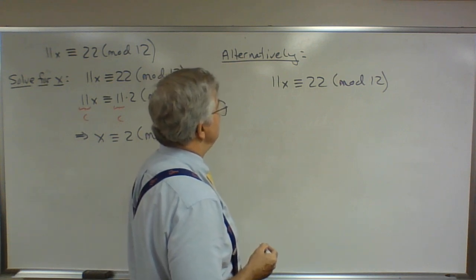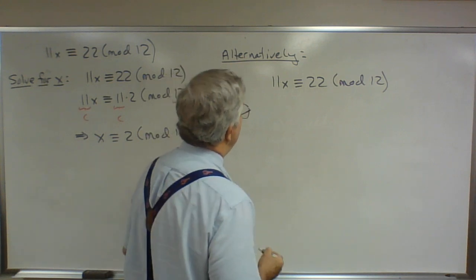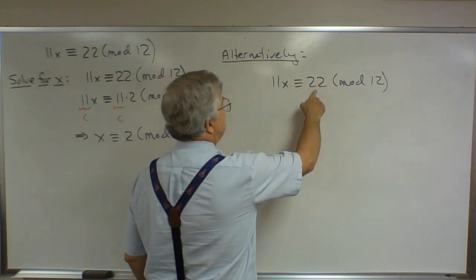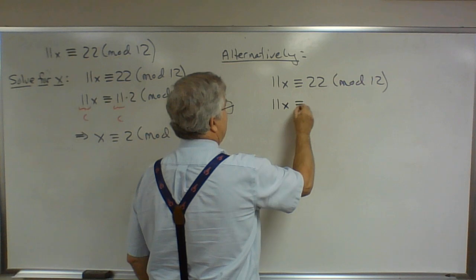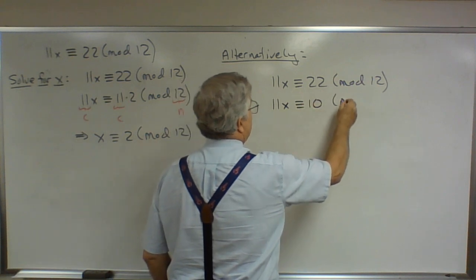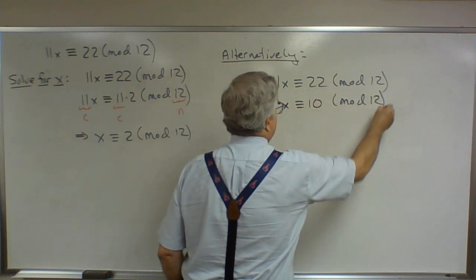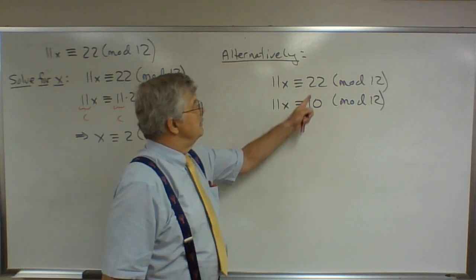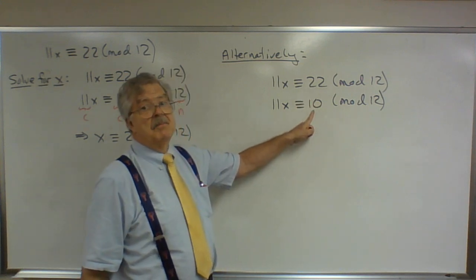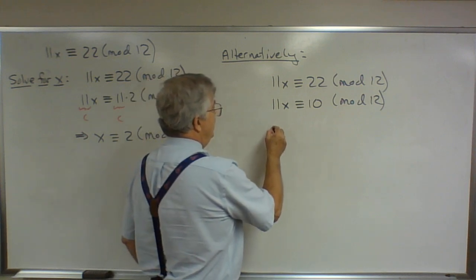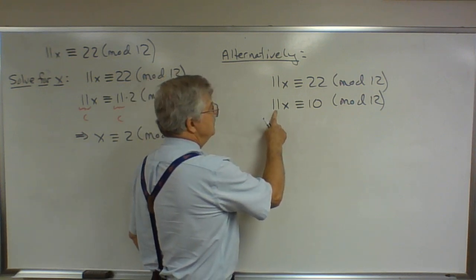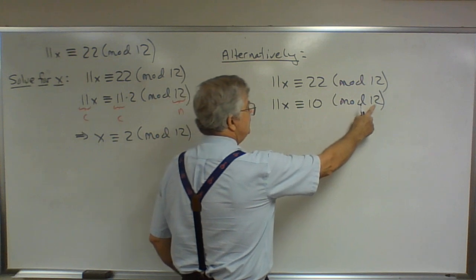And then I guess what I could do, I could subtract 12. 22 and 10 are congruent mod 12. They differ by 12. And then I notice that 11 is just one short of 12.